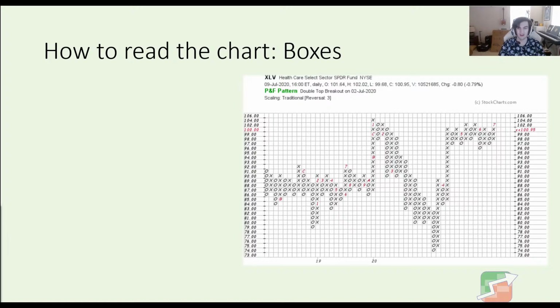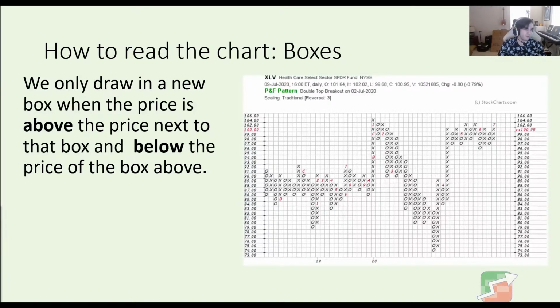And hi, Gisela. So what we see here is columns of X's and O's. X's are always going up. O's are always going down. So again, if the price is going up, you would see a column of X's. And when the price is going down, you would see a column of O's.